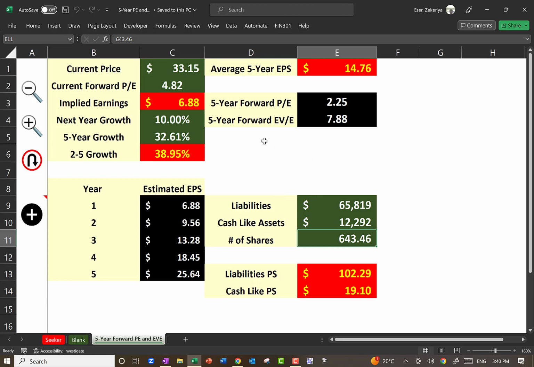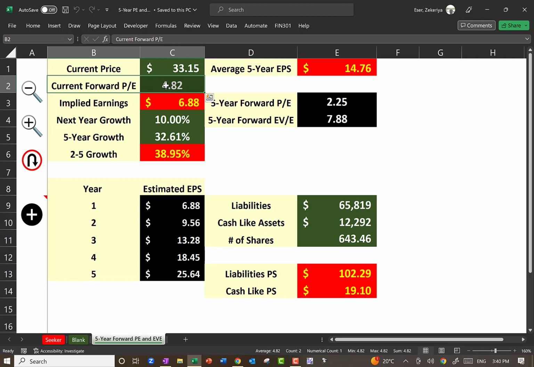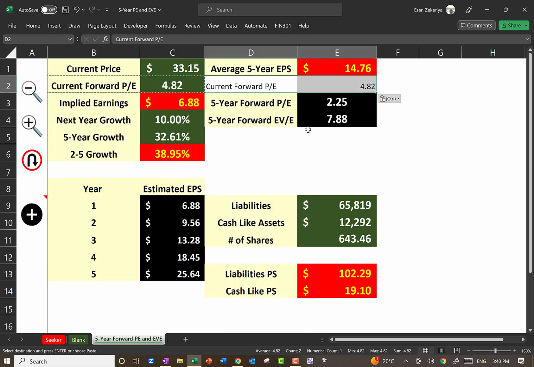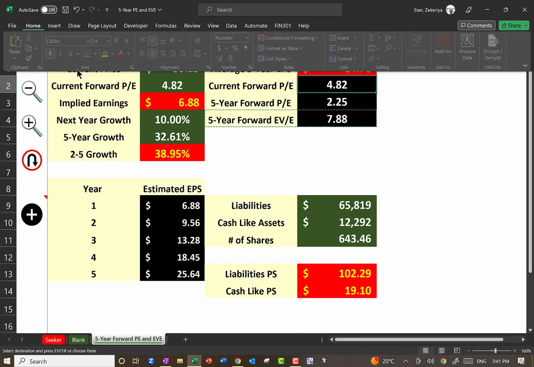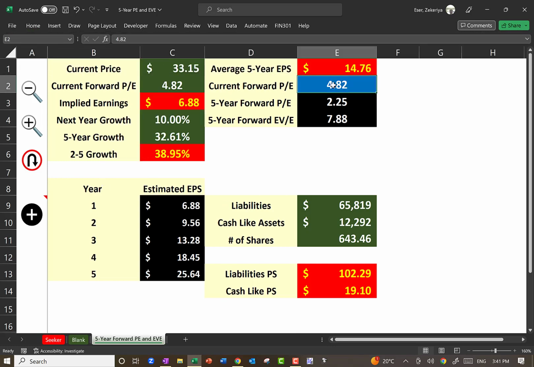Let's see. Let me also add, let me calculate enterprise value here.